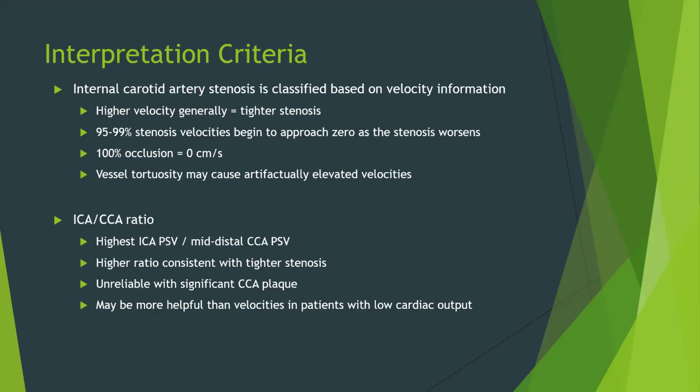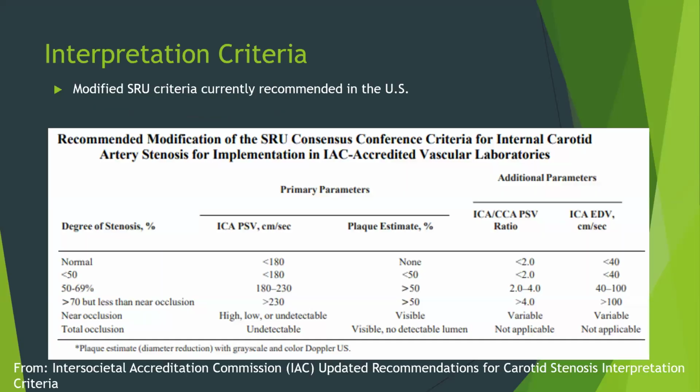Therefore, it may fall into more of a category of a 70% stenosis or 50 to 69% stenosis. It's hard to differentiate between the two when we only get a velocity of 100, but the ratio could tell us that there is a stenosis if we're having low cardiac output.